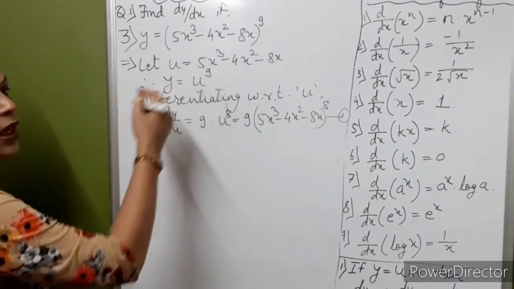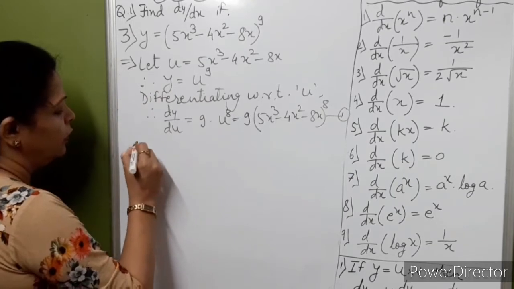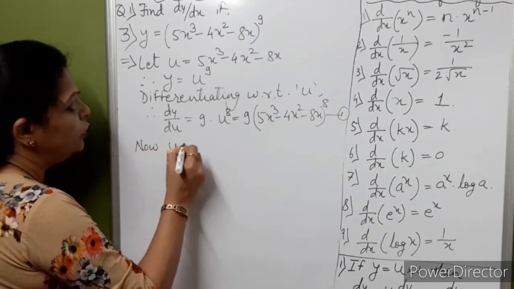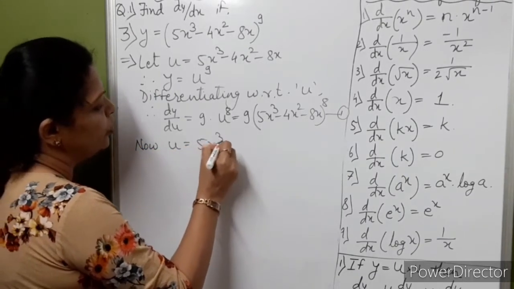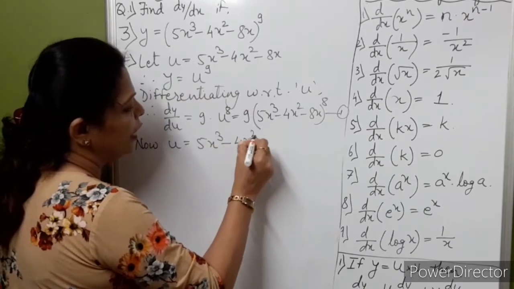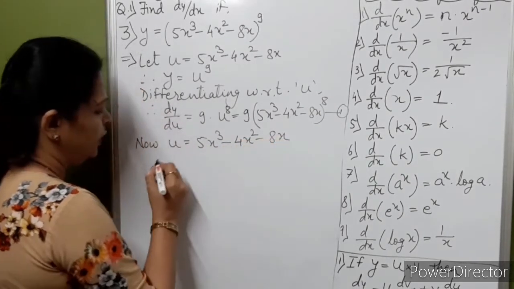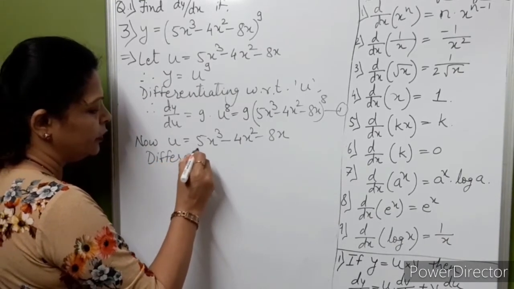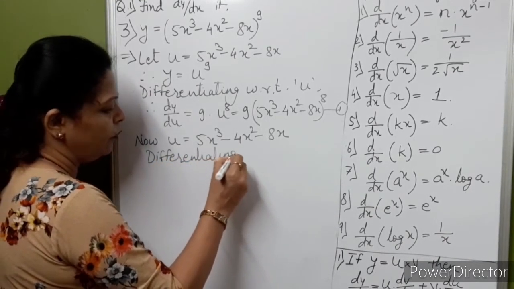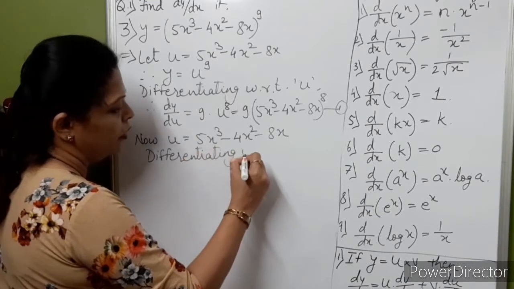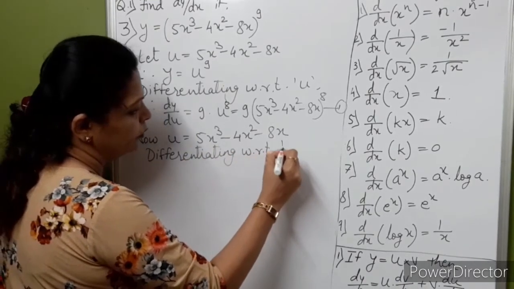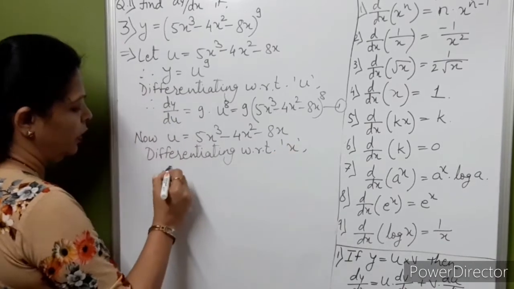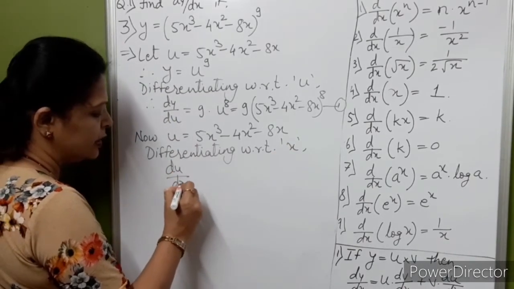Now we have to differentiate u. u is 5x cube minus 4x square minus 8x. So differentiating with respect to x, du by dx.